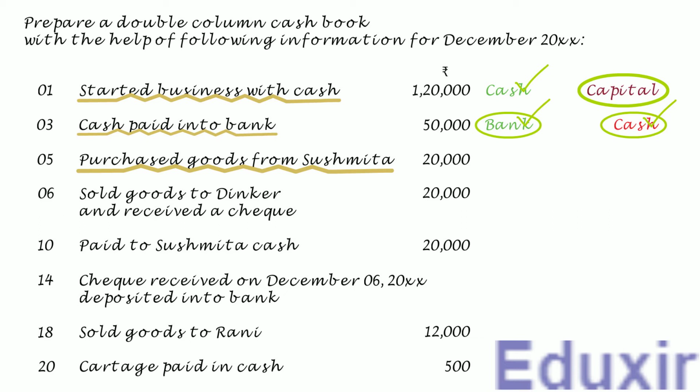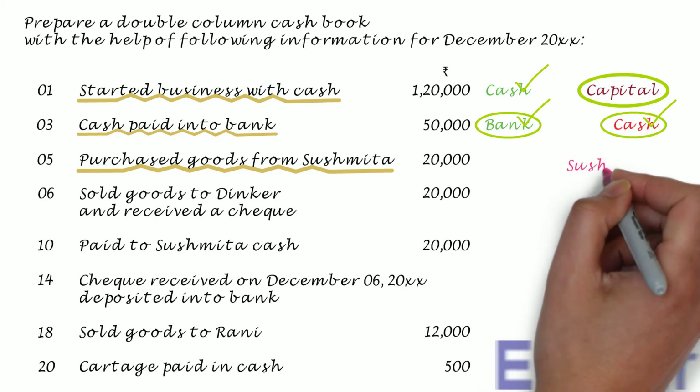So, in this case, we can safely assume that the goods are purchased from Sushmita on credit and Sushmita is a creditor. As you know, when the goods are purchased on credit from the creditors, the liability of the business to pay to the creditors increases. The rule to record an increase in the liability is to credit the corresponding liabilities account. In this case, the creditor Sushmita account should be credited.